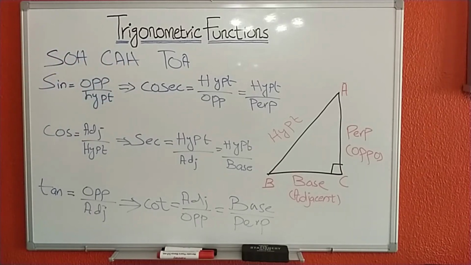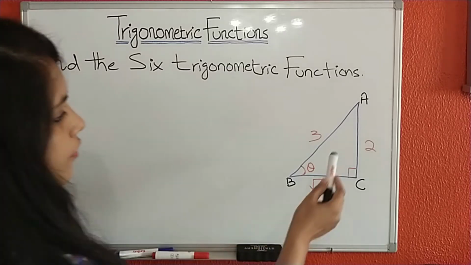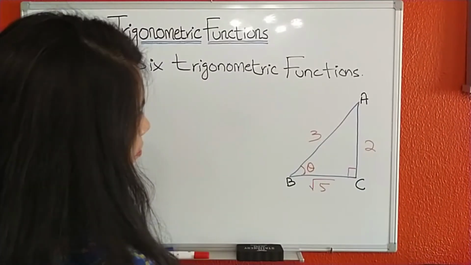So now I am going to teach you some examples and some questions related to trigonometric functions. Now students, I have a question here. Find the six trigonometric functions. So I have a triangle and I am marking its sides.